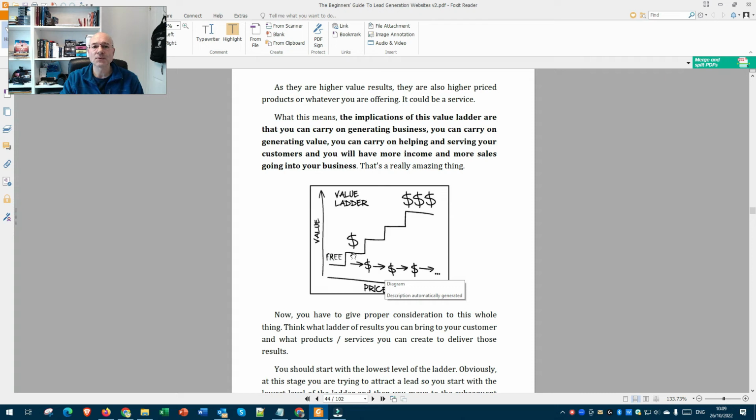But if you are able to figure out other offers, other products, other services, and instead of adding value just once, you have 2 or 3 different products, each adding more value to your customer, that's when you have a value ladder and the opportunity to make more income from a customer. So the moment you bring a customer into your business, the income per customer goes up.